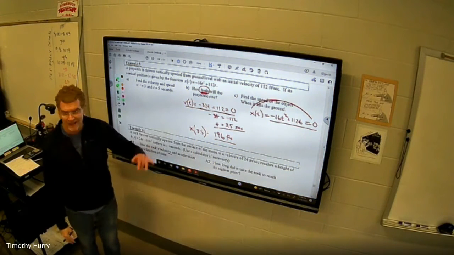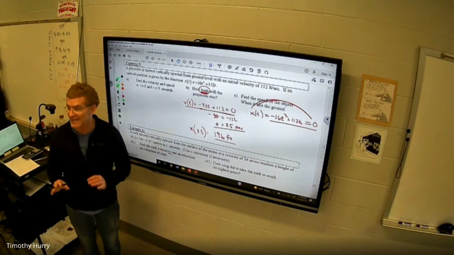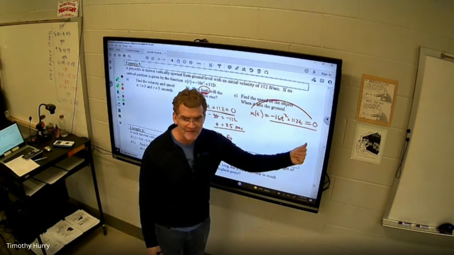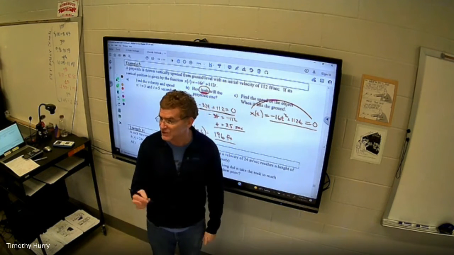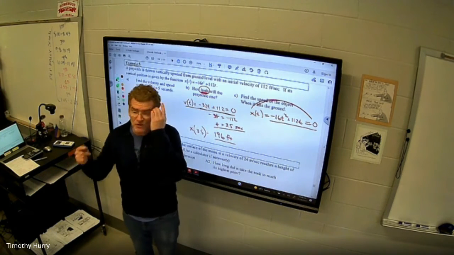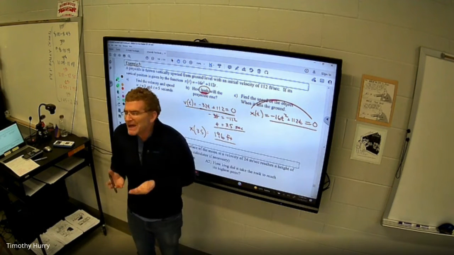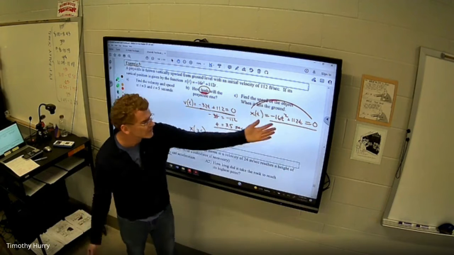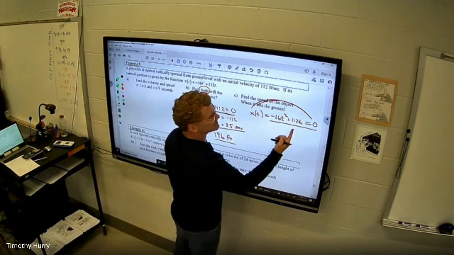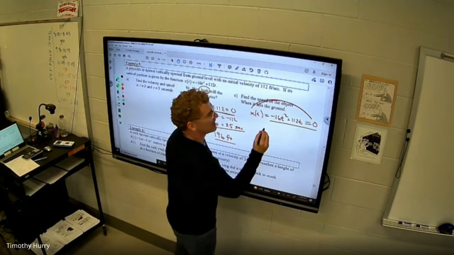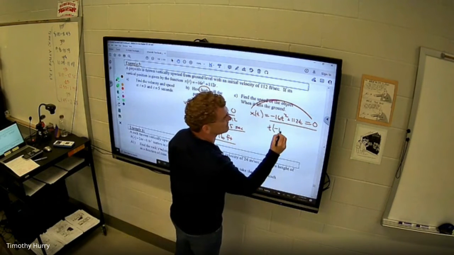I can also graph this and find the x-intercepts, and we'll do that on a later problem. It's a little trickier, but I could. Because it does factor and is already set equal to 0, it's pretty easy to factor out a t. Actually, a 16t comes out, but I'm going to take a t out in case you didn't see that.